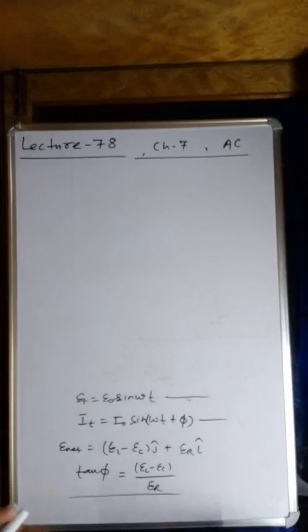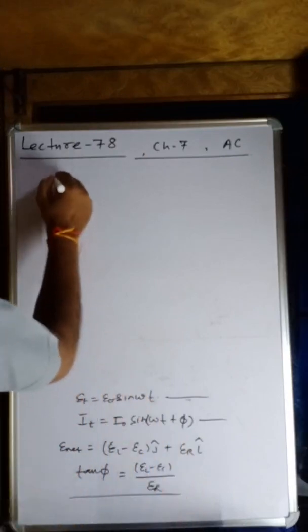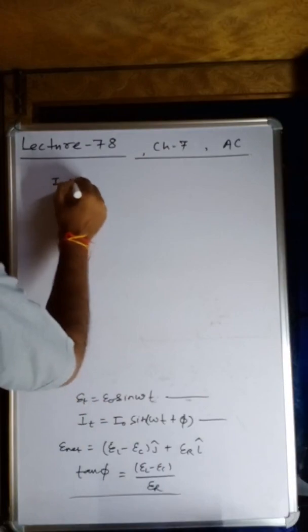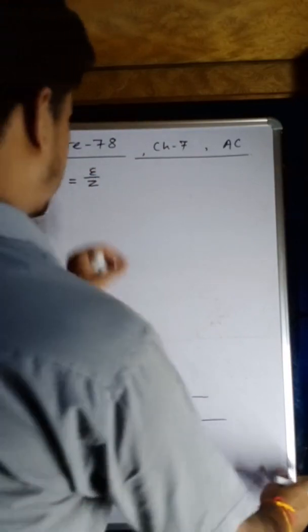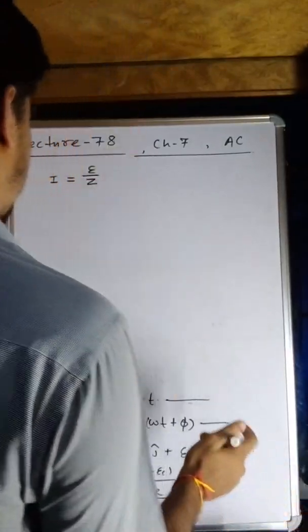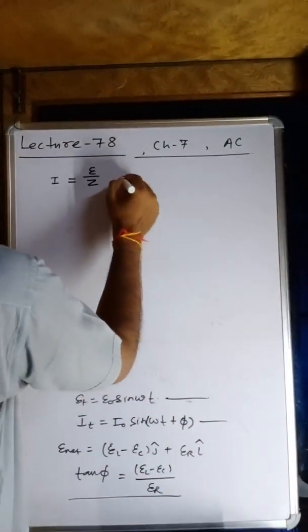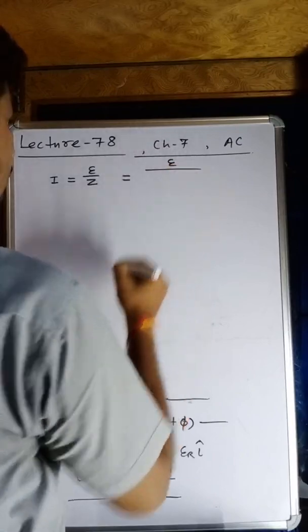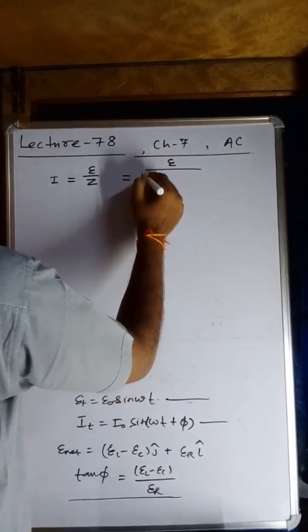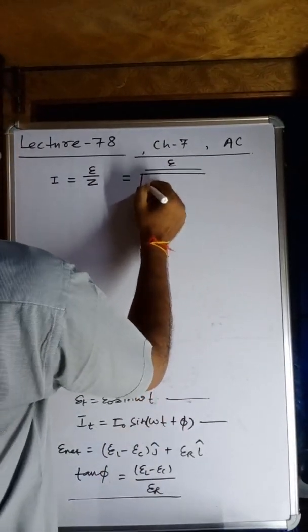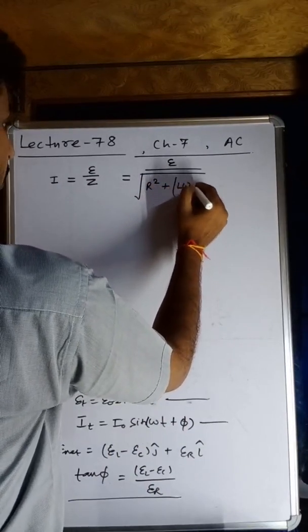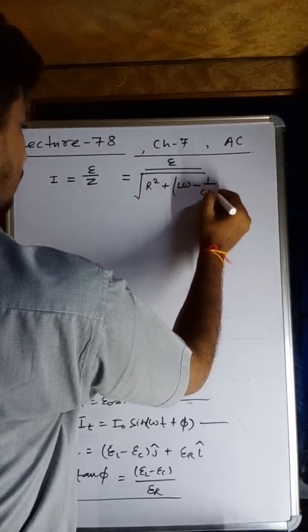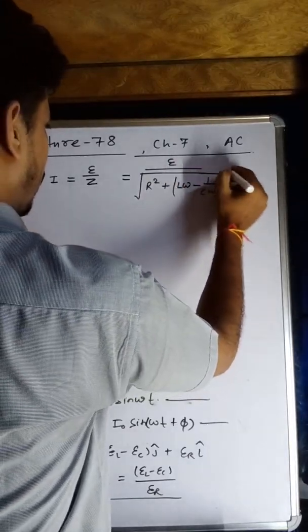Look here, what do we have? We have I equals E by Z. We can write this as E by root under R square plus (L omega minus 1 by C omega) whole square.